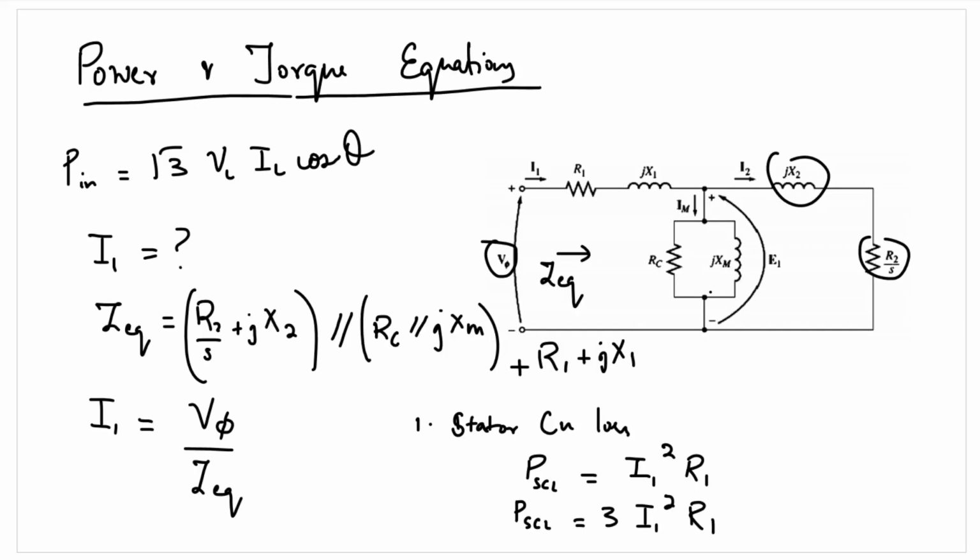Secondly, now we need to calculate the core losses of the induction motor. Going back to the equivalent circuit diagram, E1 is the voltage available across the core.